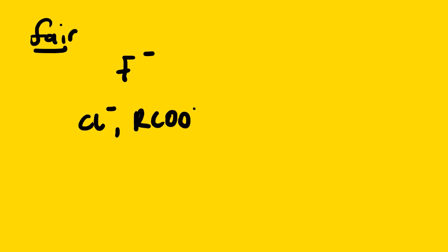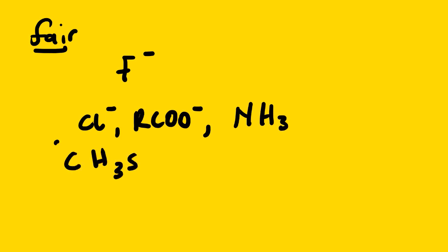Followed by, we can say fair nukes, which are fluoride ion and chloride ion. You can write them down for the sake of notes with ammonia. So these are fairly fair nukes that we have.